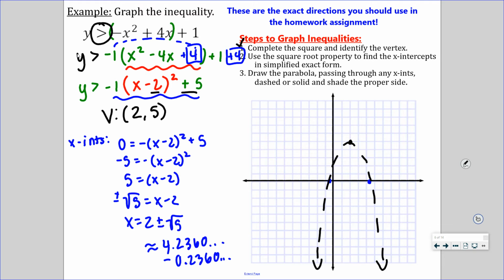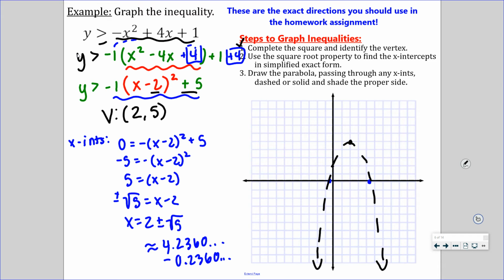All right. So how I like to do these, and you can always use a test point. If you want to test like 0, 0, because you can see it lies inside your parabola, you can always use a test point. But I like to read this out loud. I want to shade where all of the y values are greater than this, which is my parabola. So looking here, it should cross the y-axis at 1, right?